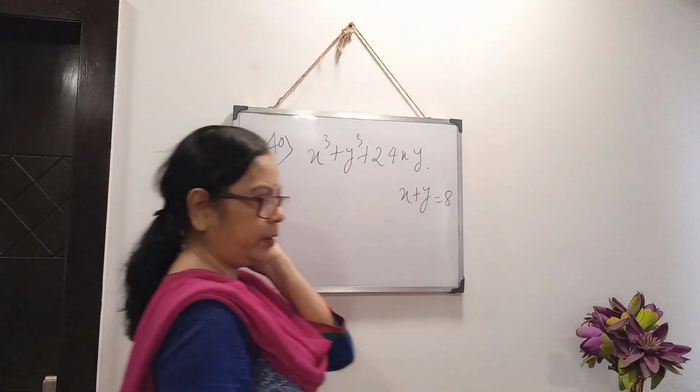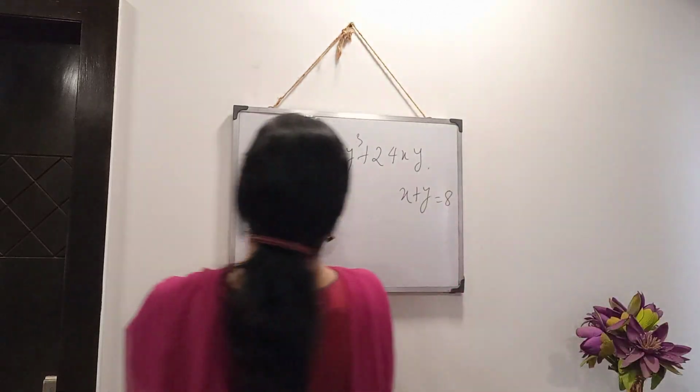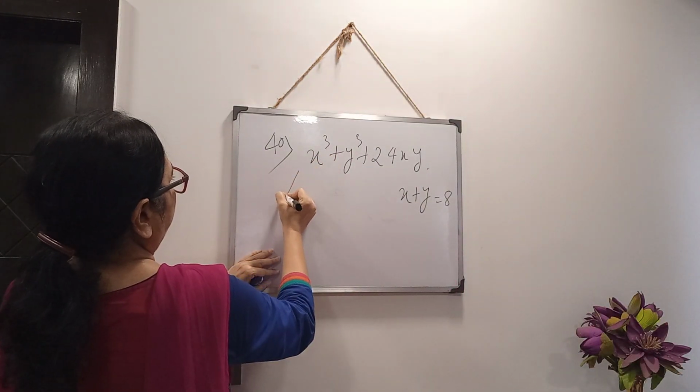Now how am I rearranging? Same. X plus y is given as 8. Clear?